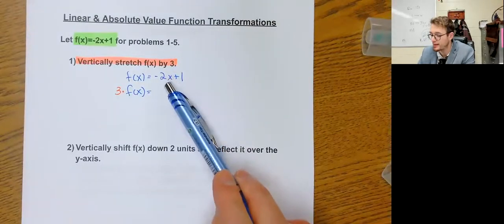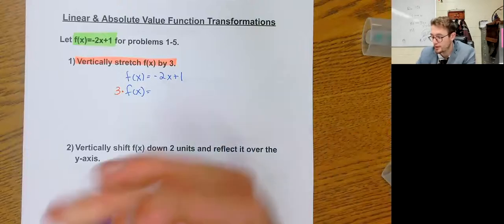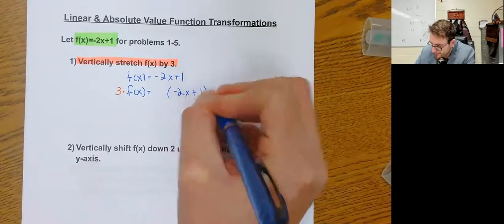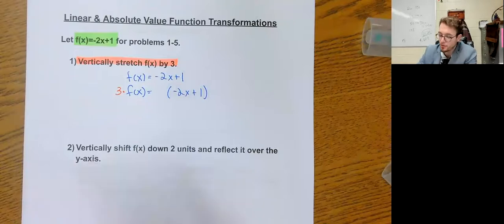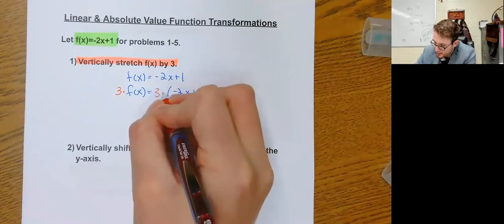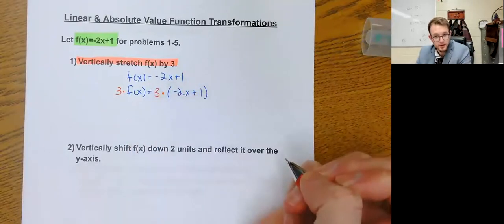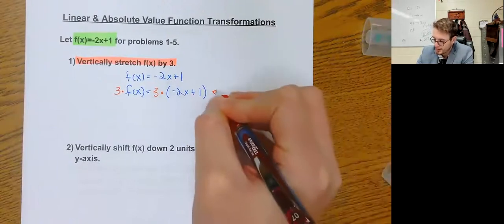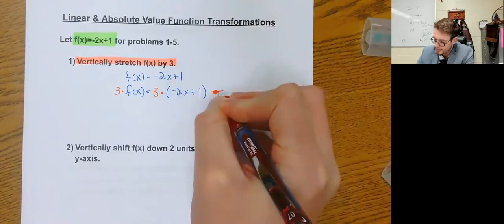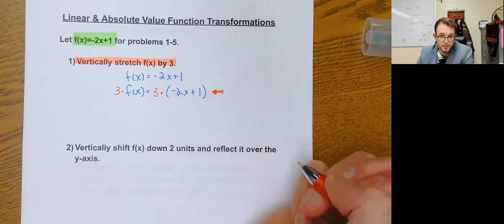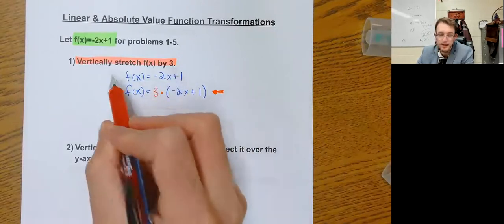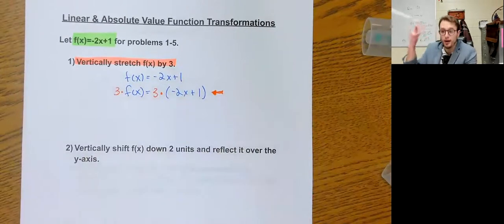So if I'm multiplying the entire function, I need to put parentheses around negative 2x plus 1, and I need to multiply that entire function by 3. So this would be the transformation, right? That is what we are actually doing to it. We are multiplying the entire function by 3, thus vertically stretching it by 3.